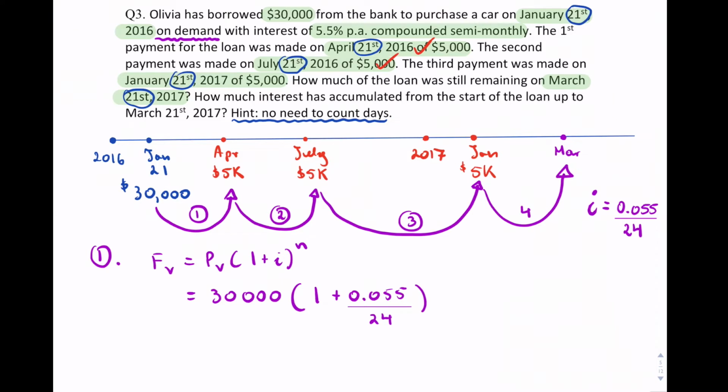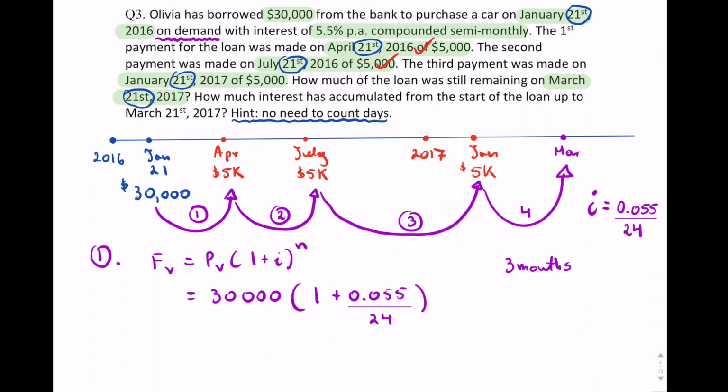Now for n, because we have semi-monthly, we can count the number of months from January to April. So February, March, and April. That's 3 months.